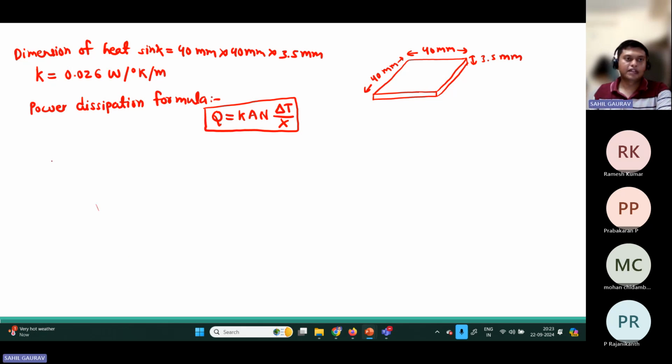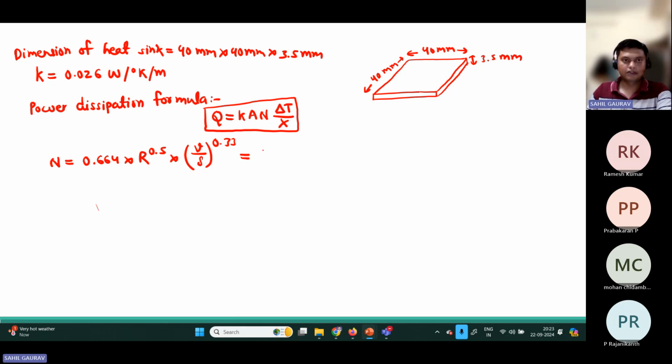So first we find the Nusselt number. The Nusselt number is 0.664 into Reynolds number to the power 0.5 and then kinematic viscosity of air upon del to the power 0.33.